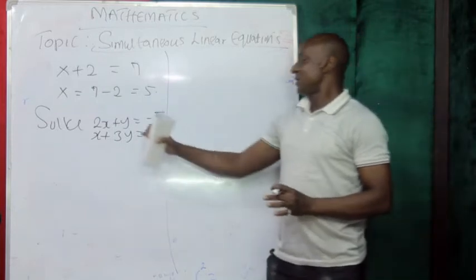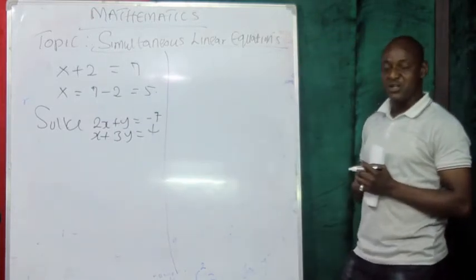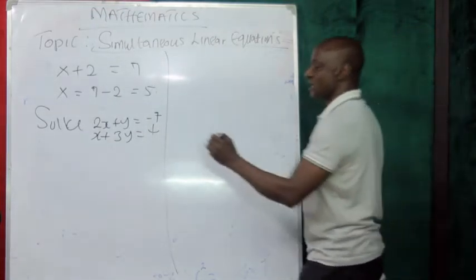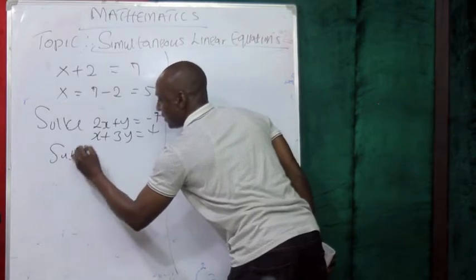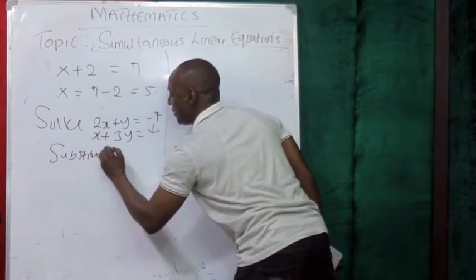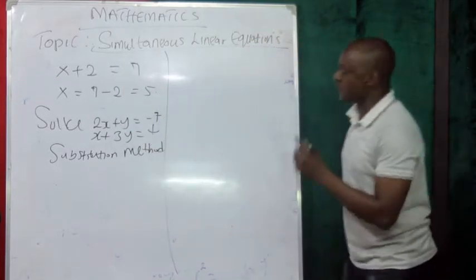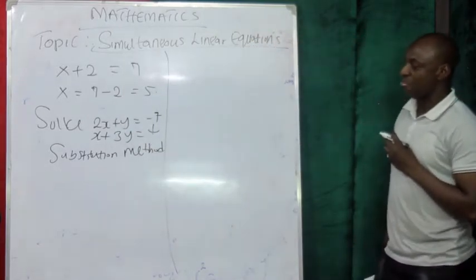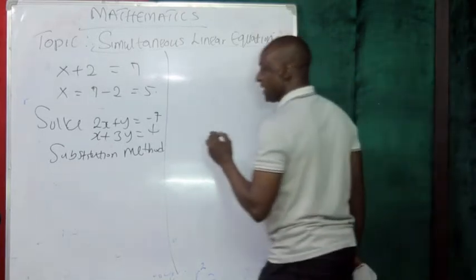Now we have the simultaneous linear equations on the board. Let me start with the substitution method. If you are given two equations of this nature, first of all, you name or label the equations.